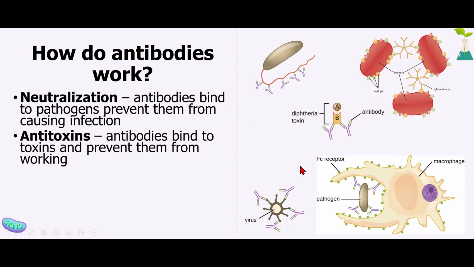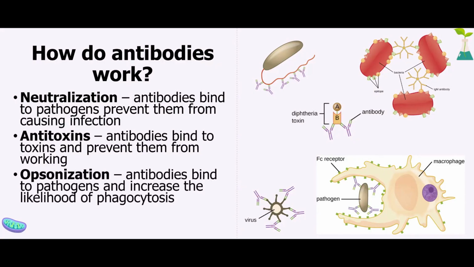There are also some antibodies that we consider antitoxins because they actually bind to toxins rather than an entire virus or bacteria. So here, this antibody binds to the diphtheria toxin, so it is called an antitoxin, and it prevents the toxin from causing any harm. And then finally, there is also opsonization, which is funny because I always think of this word as optimization, because that is basically what they do.